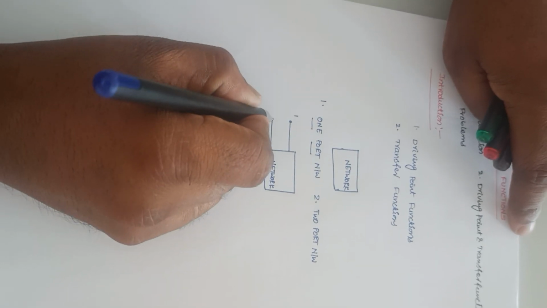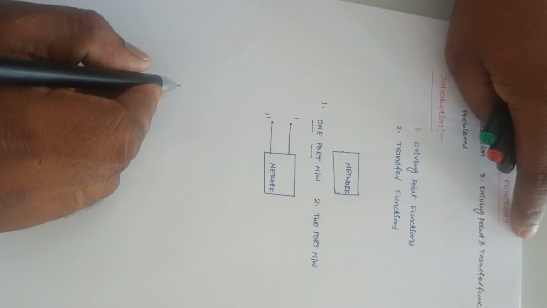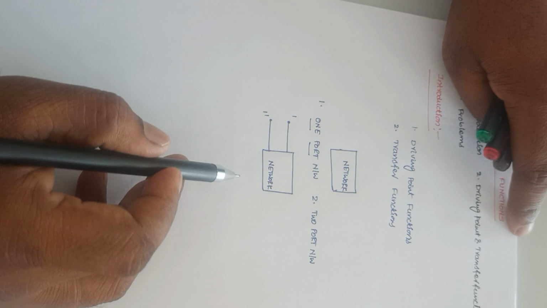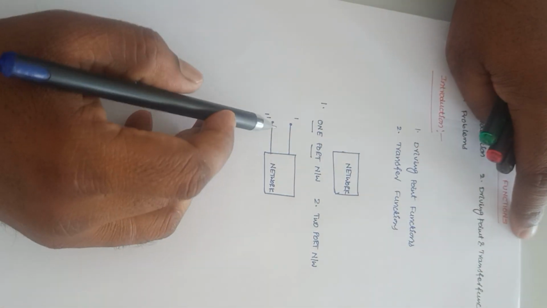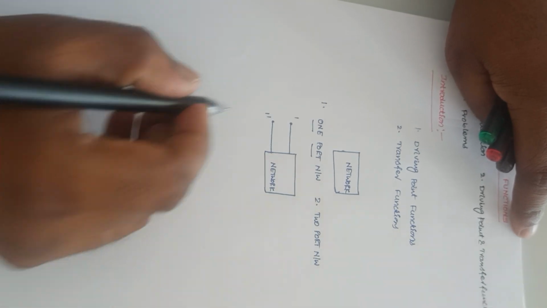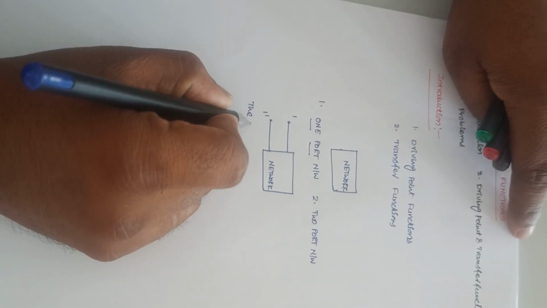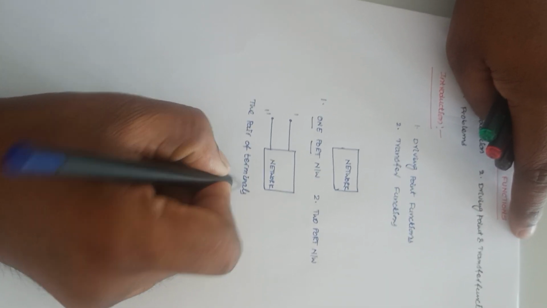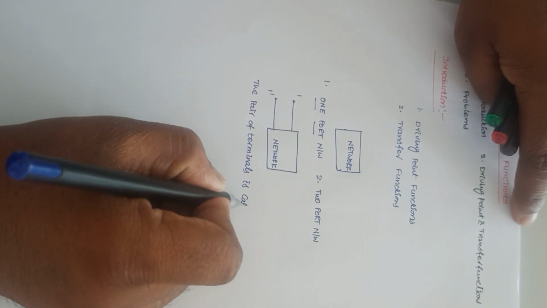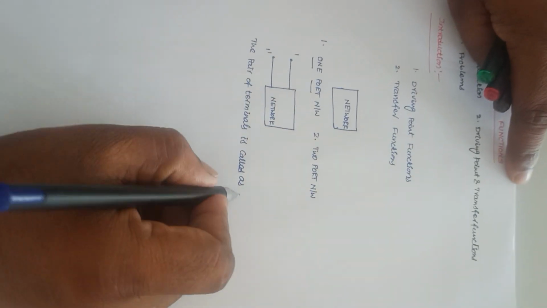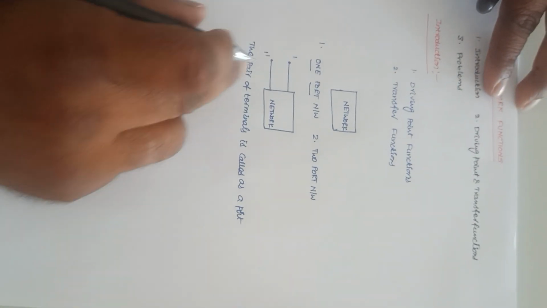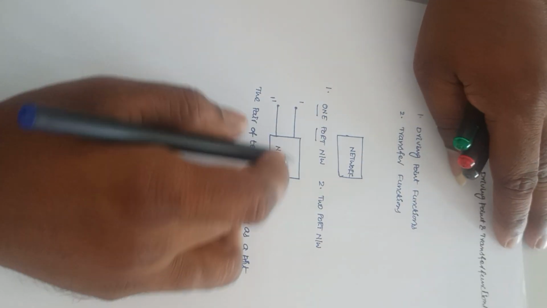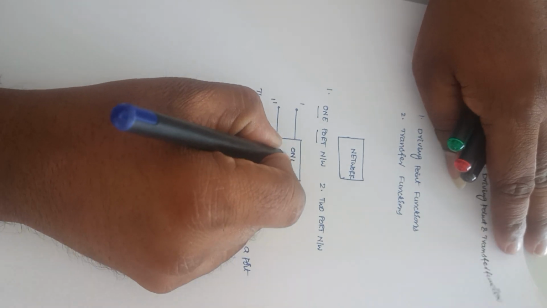It is one terminal, it is one dash, and two terminals together called as a port, or the pair of terminals is called as a port. For this network, it is only having one pair of terminals, so it is named as one port network.